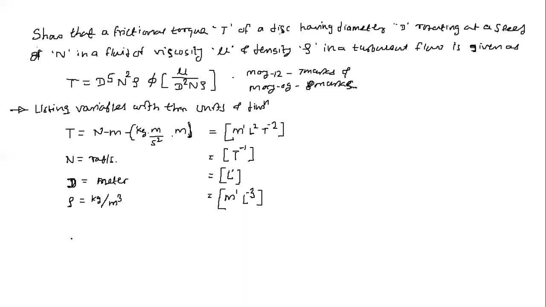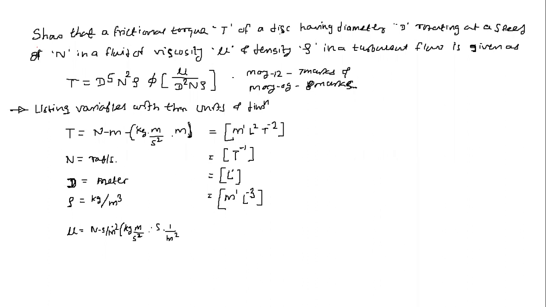Mu remains. Mu is nothing but the dynamic viscosity, and the unit of mu is Newton second per meter square. Now I will have to simplify it. Newton is kg meter per second square, into second, into 1 by meter square.